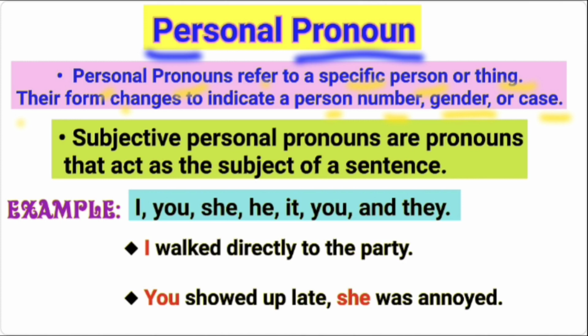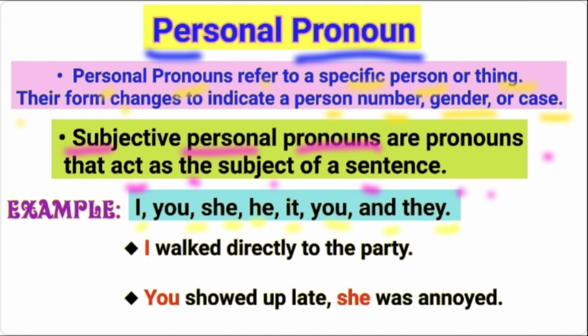Here is a type of personal pronoun, subjective personal pronouns. Subjective personal pronouns are pronouns that act as the subject of a sentence, such as I, you, she, he, it, we, and they.